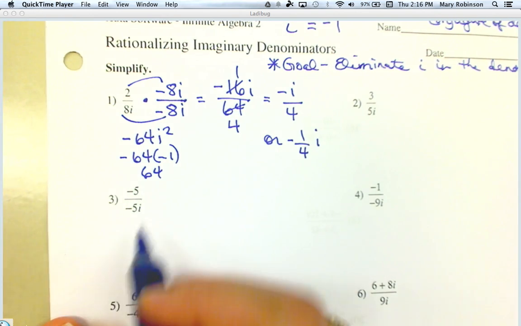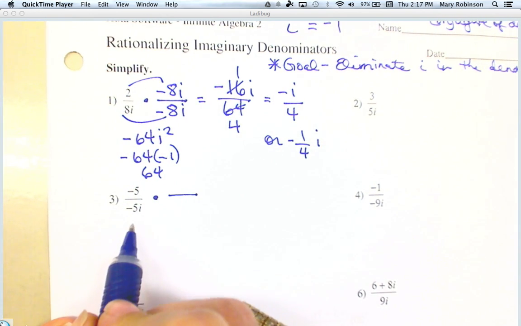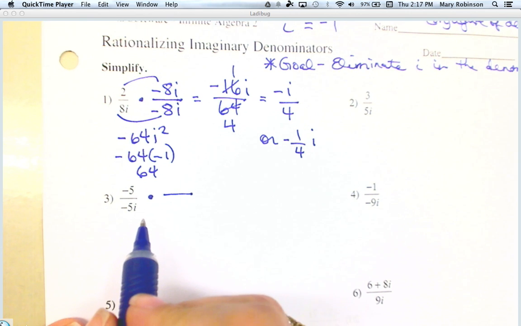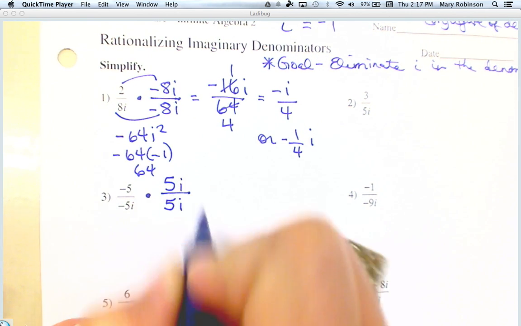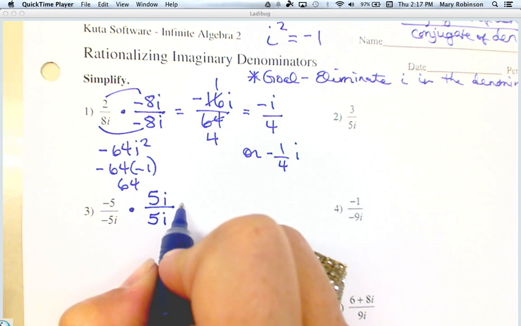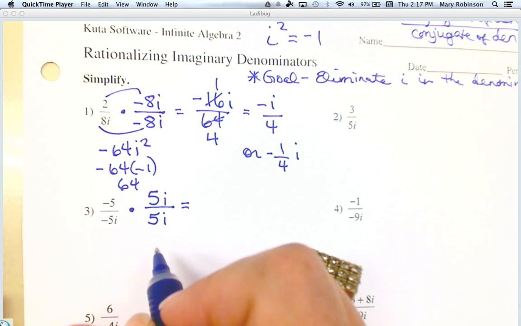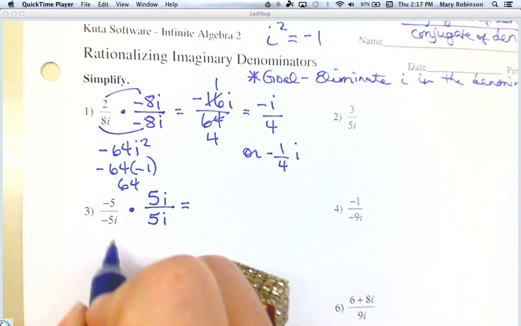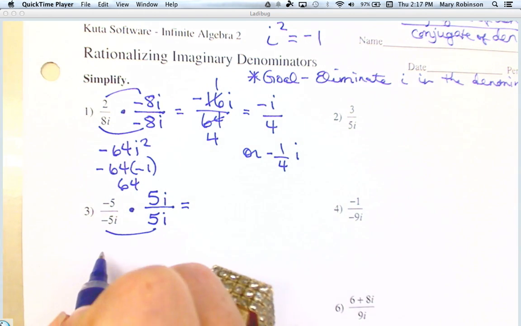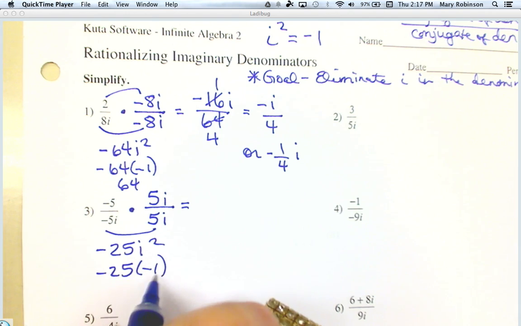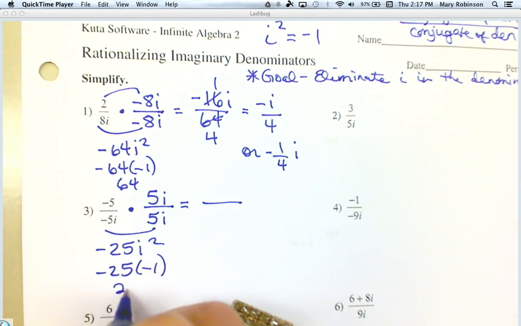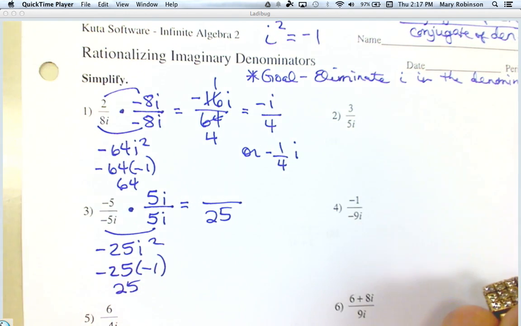Continuing on with 3, we look at the denominator and find the conjugate. The conjugate of -5i is +5i. We put that on the top and the bottom. Remember, this just equals 1. That's why we're allowed to do it. We're not really changing anything except how it looks. The denominator is -25i squared. i squared is -1, so my denominator is going to be 25.